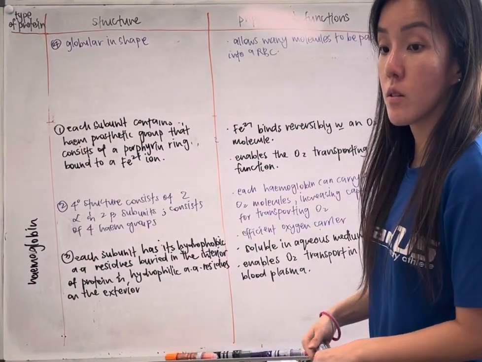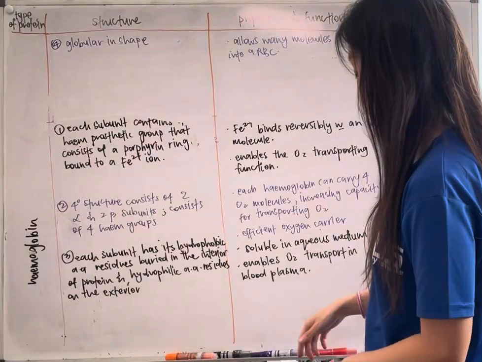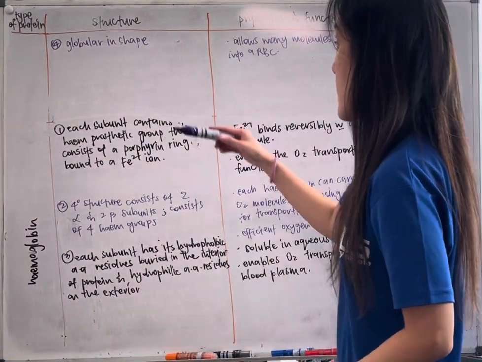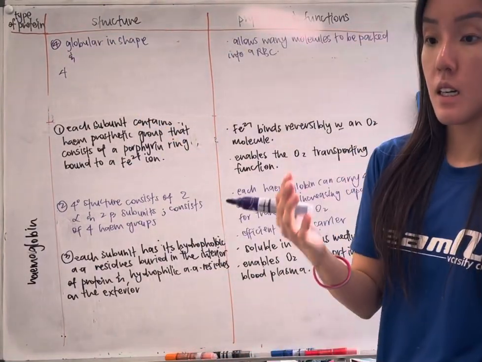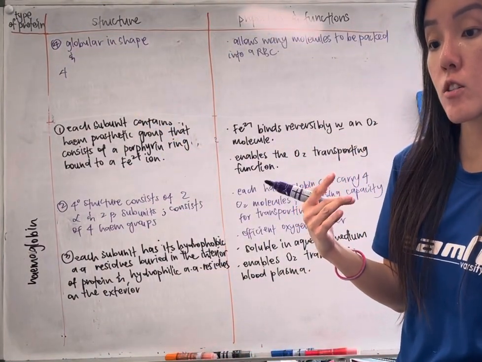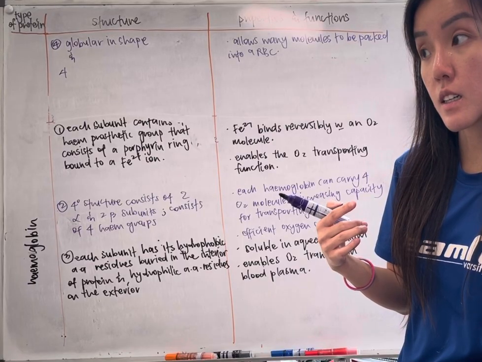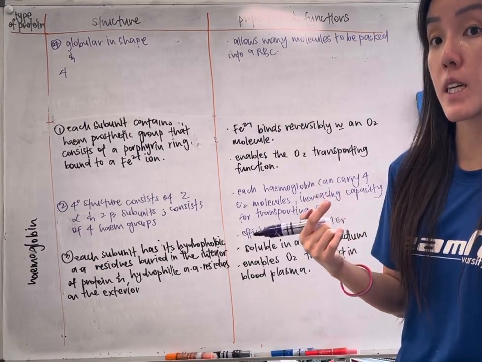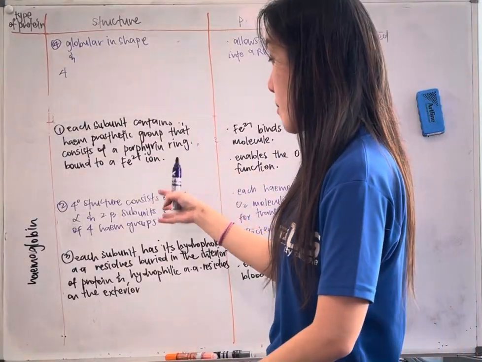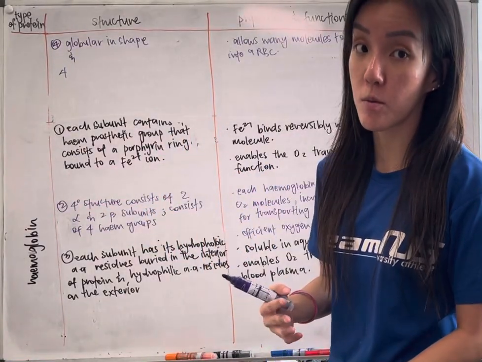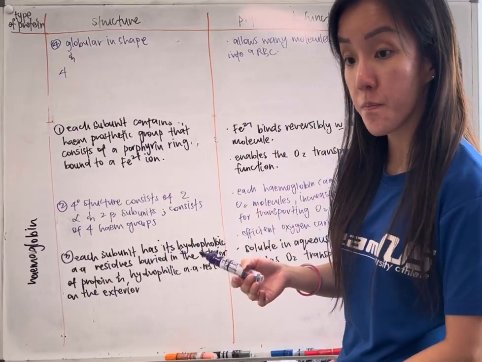Please take note, not only is it globular in shape, the 4 subunits are actually held together by non-covalent interactions. Now, you all recall there's cooperative binding, right? So that's why I need to emphasize this. These 4 subunits, the alpha and beta, are not held by covalent interactions because covalent bonds, you learn, are strong.